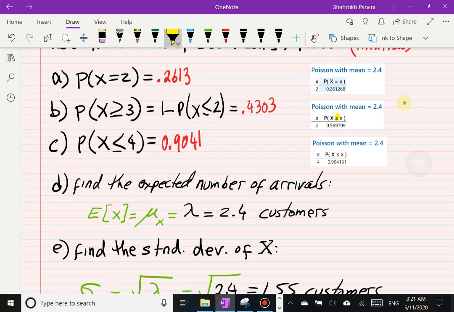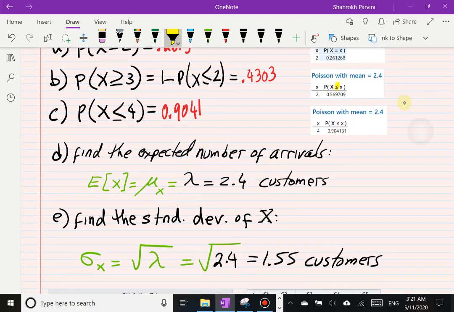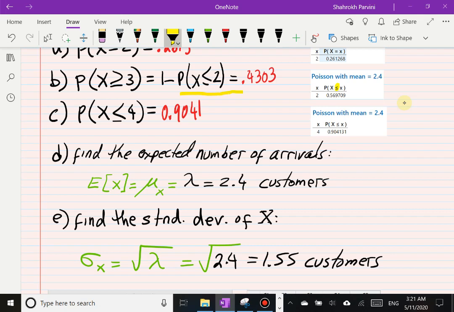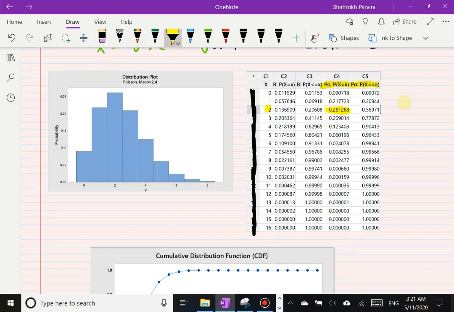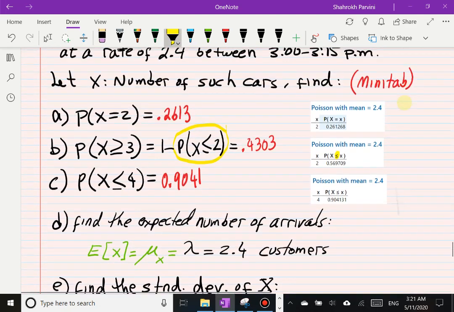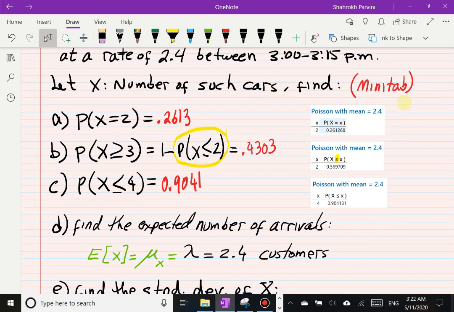Probability less than or equal to 2. Well, not all of that, but just this portion of it. That's going to be right over here, right? It's no longer that. It's the one next to it. It's this one, 5697. And that's where this was. Okay, so we got that one.